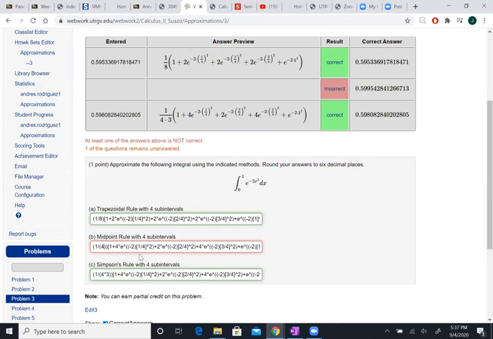You can do this first in your calculator and then plug it in WebWork. I just do it like this because this will be useful for Wolfram Alpha, Maple, or Mathematica. My first one is 1/8.